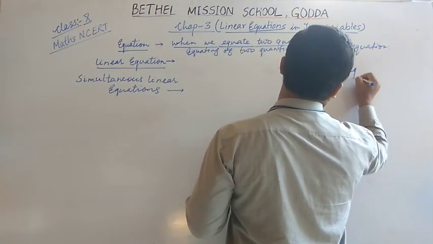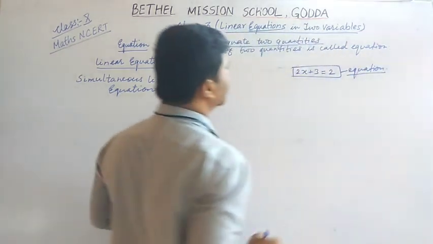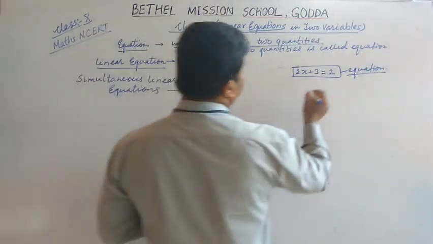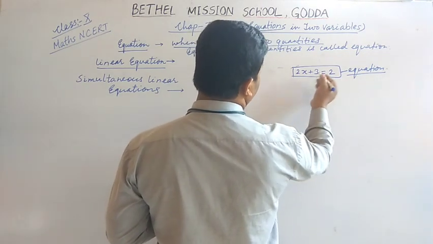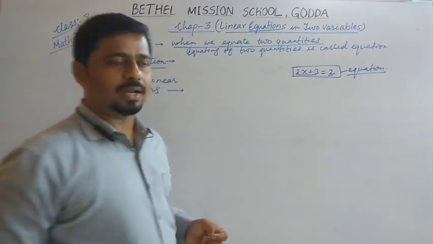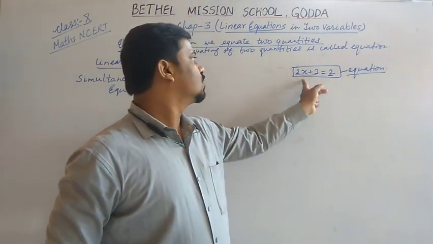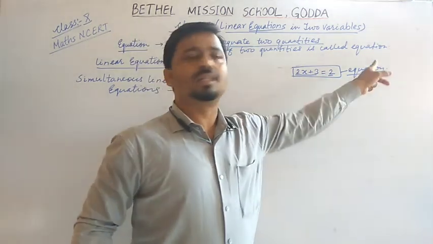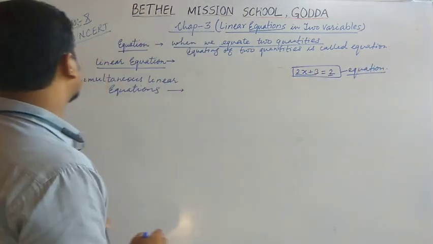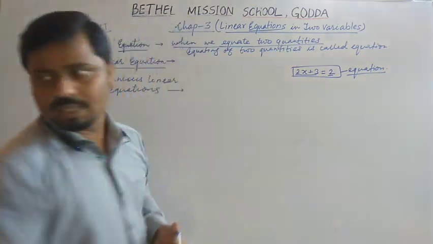Why is this equation? Because one quantity is in left side, another quantity is in right side. So comparison of two quantities is called equation. Now you understood what is equation?